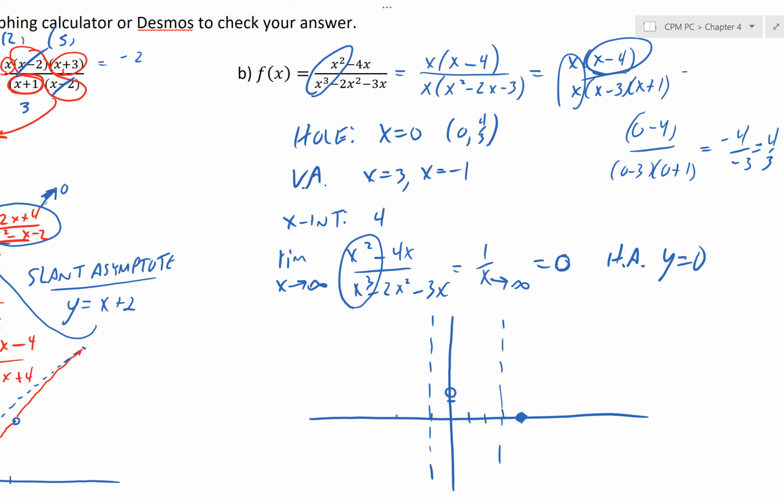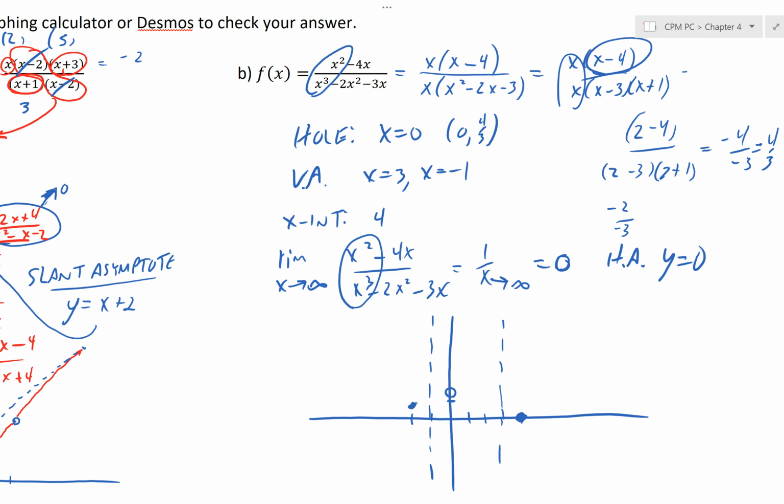If you got some more reference points, like if you plug in -2 into the original function, this would be 2 minus 4, 2 minus 3, 2 plus 1, and that is -2 on top, and -3 in the bottom, so 2/3 is positive.